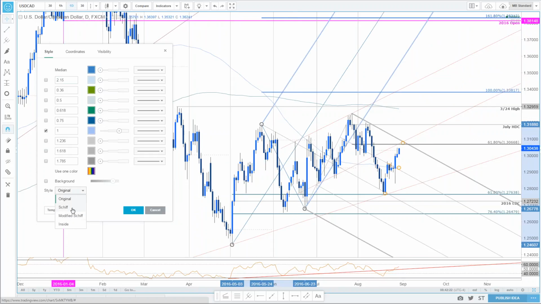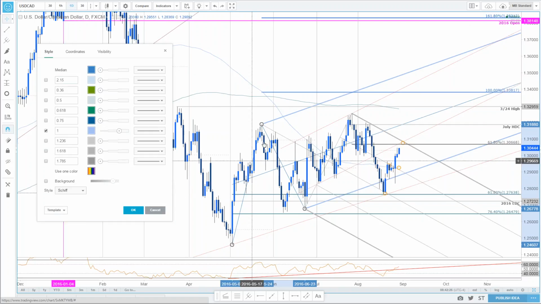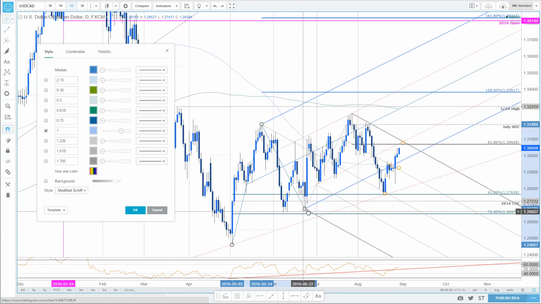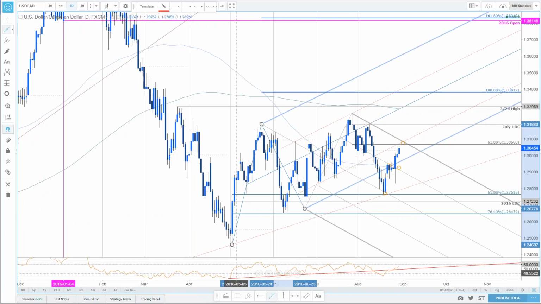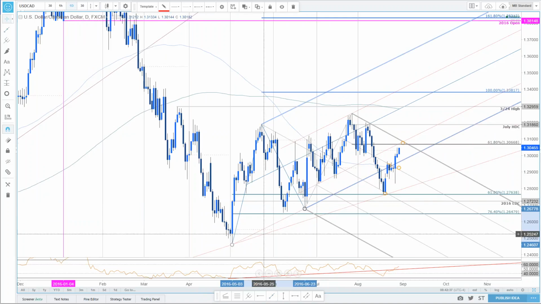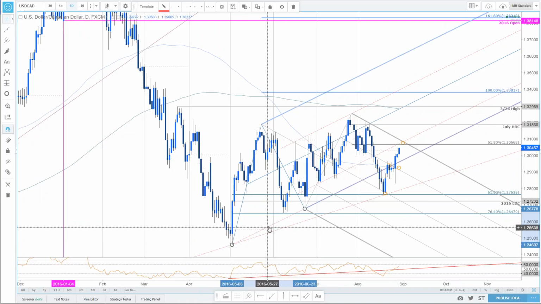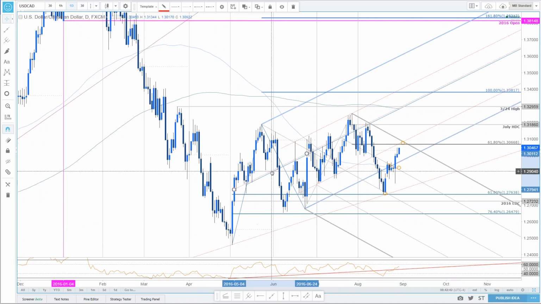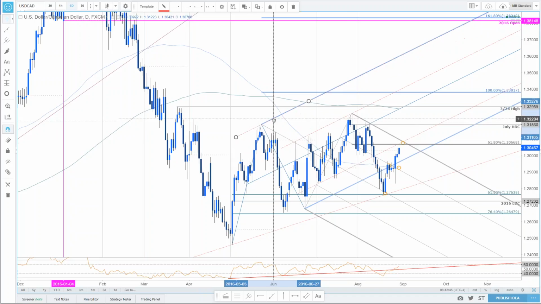Then there's a shift, which takes it a little bit more towards the gradient of the inside. Then there's the modified shift, which I tend to use a lot. All that does is basically take basic trendline support and match the slope to that slope off the low. So a modified shift takes that parallel and gives you the 50 line and the upper median line parallel.